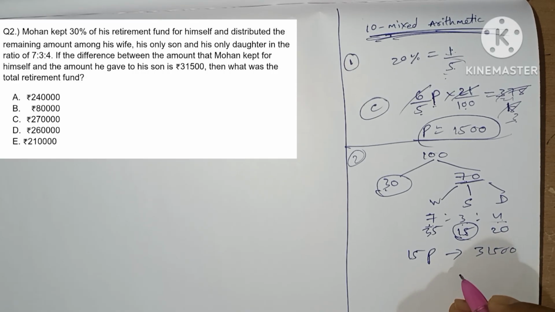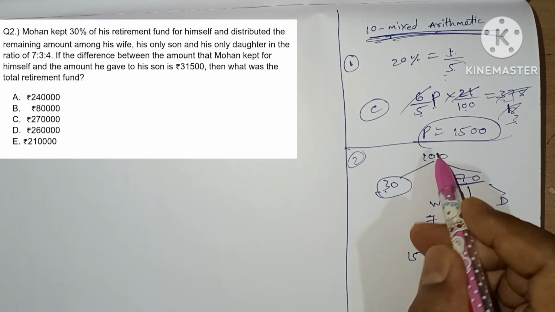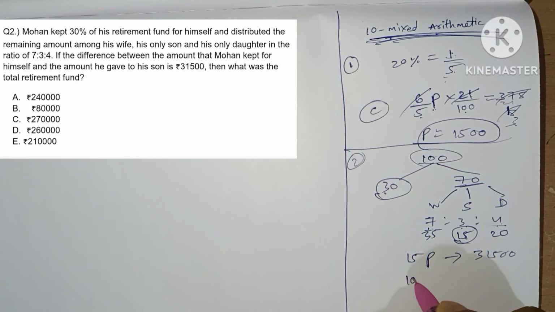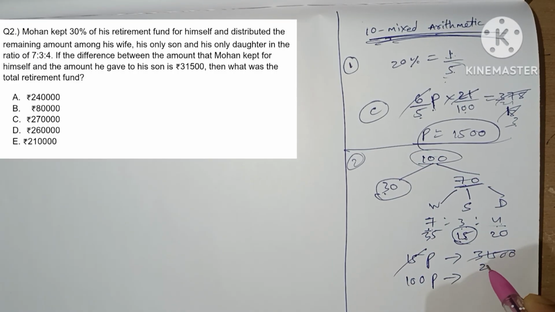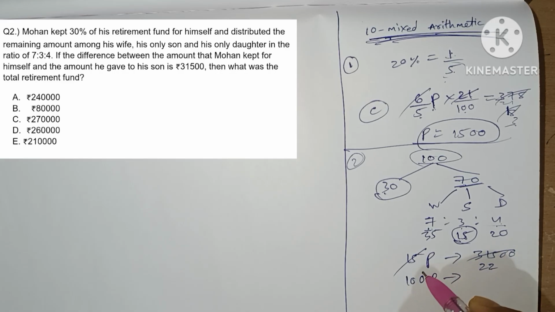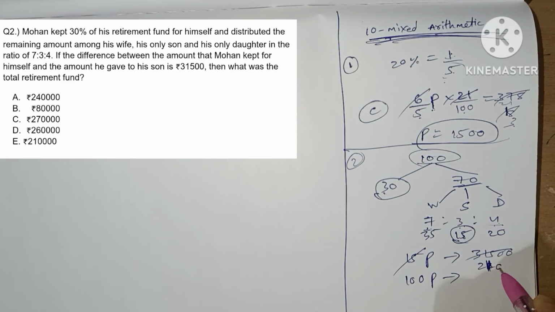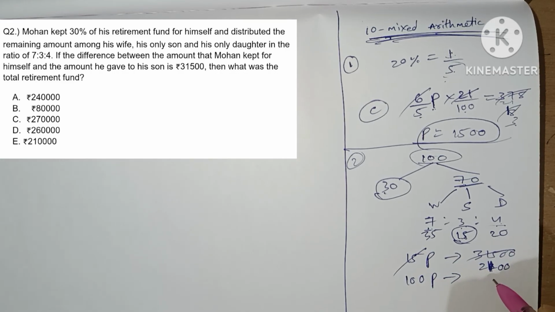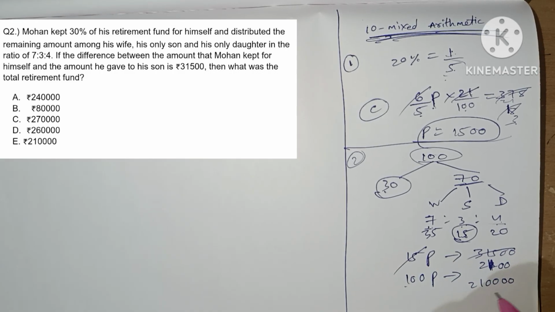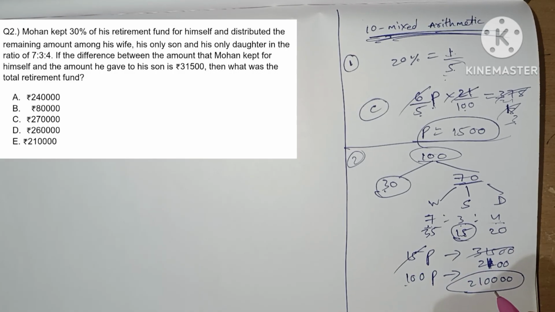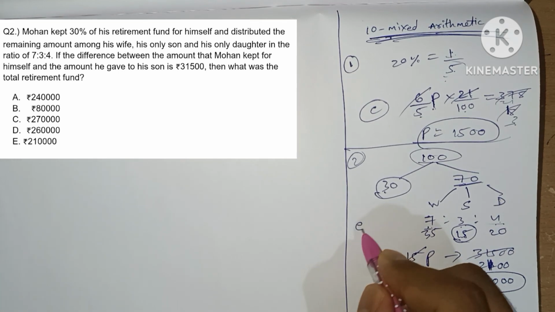Now the question asked is what was the total retirement fund, that is, the 100% value. 15 times 2 is 30, and 1 times 00, so the answer will be 2100 and 2 extra zeros. So this is the total value of his retirement fund. So the answer will be option E.